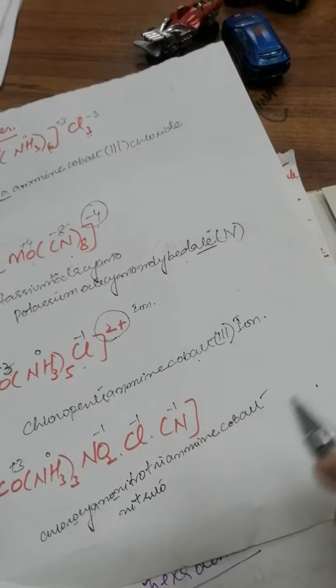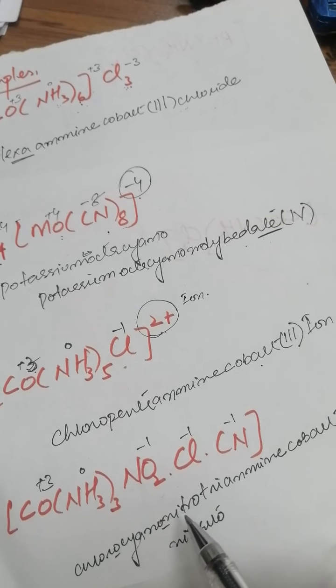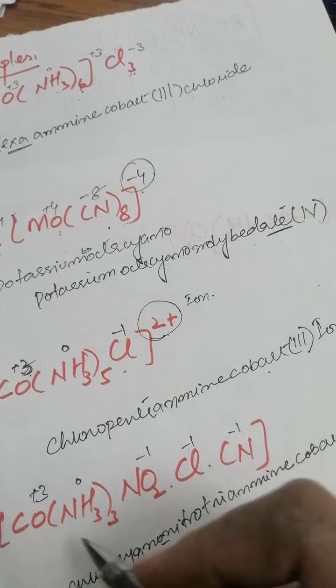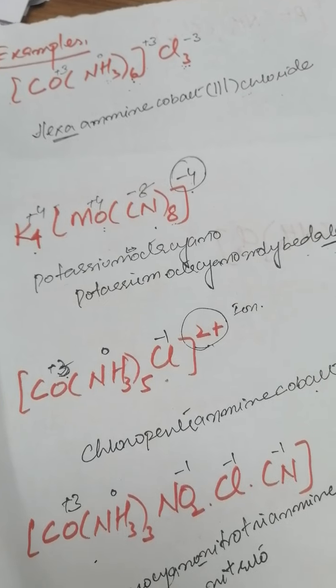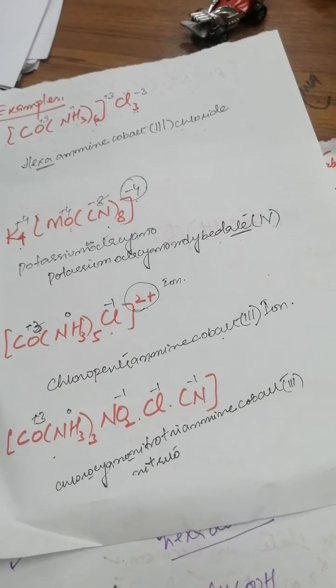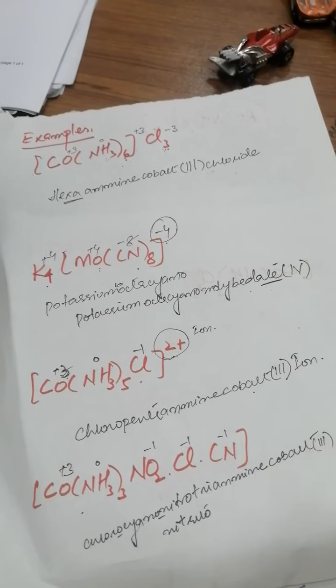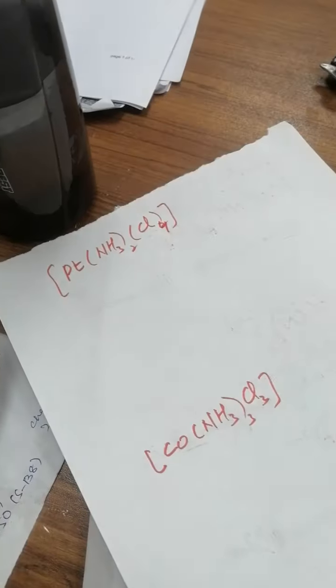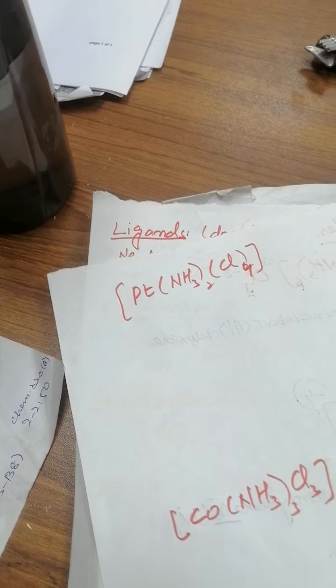Continuous: chloro, cyano, nitro, triamine, cobalt, without any space. And then the oxidation state of the metal, 1 2 3. So hopefully the things are more clear now, how to name different types of complexes. We can do some other examples if required.